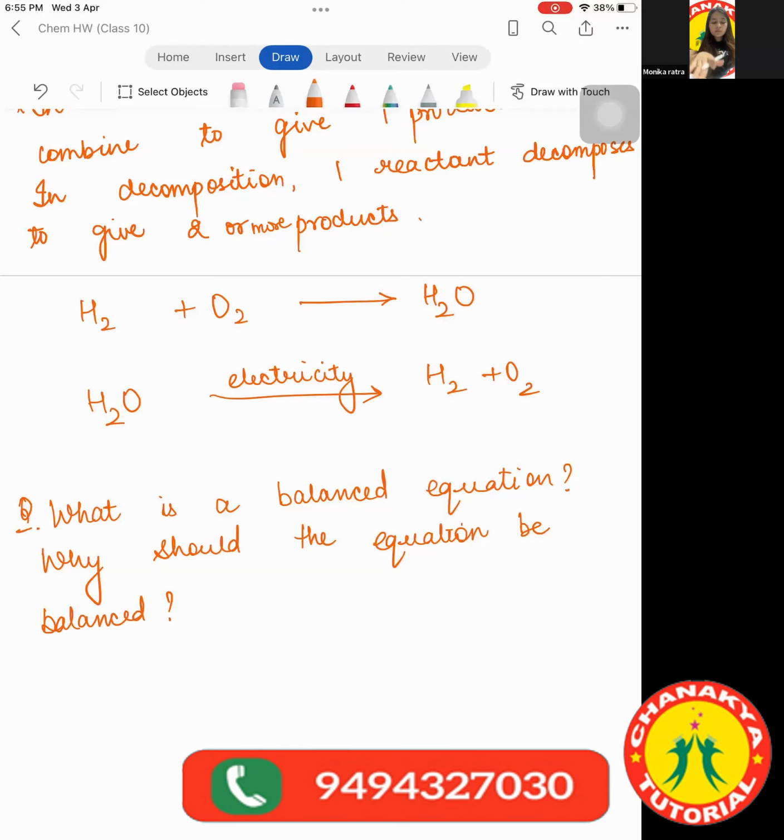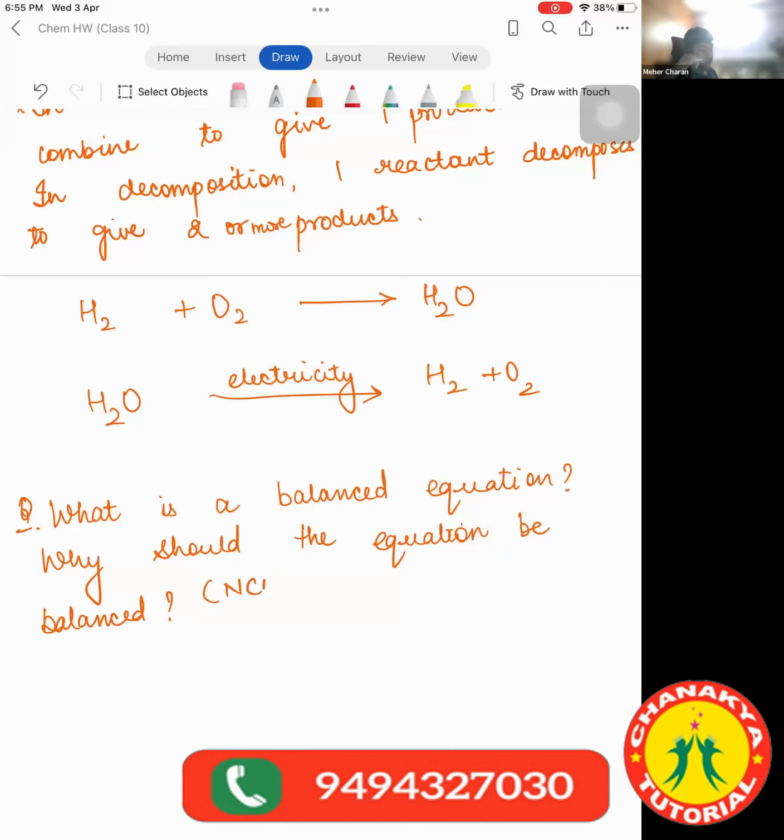Who else can tell me why should the equation be balanced? Ma'am, it should be balanced to satisfy the law of conservation of mass. Yes. Is it clear? Yes, ma'am.